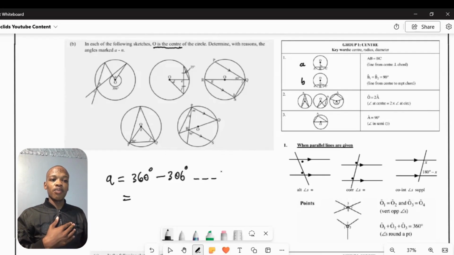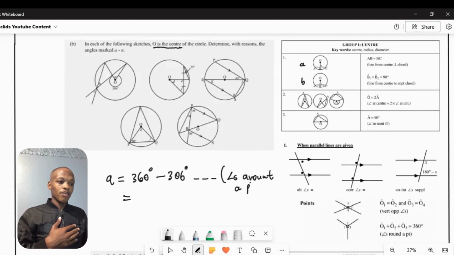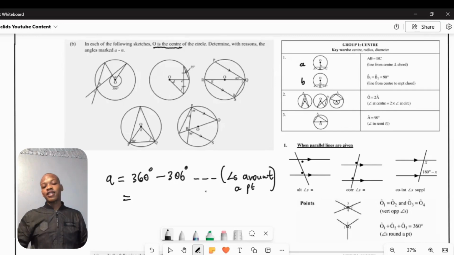The reasoning would have been angles around a point. Then 360 minus 306, that is 54, which means angle at the center is 54 degrees.